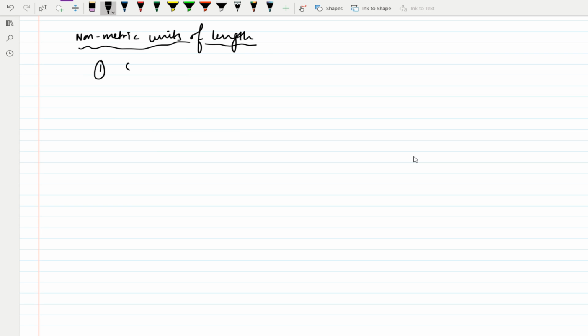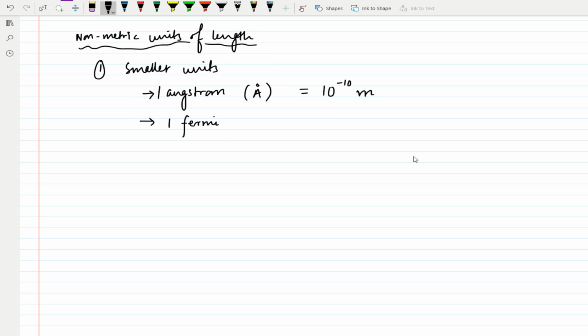From the smaller units, you have angstrom, denoted by this, and 1 angstrom is equal to 10 to the power minus 10 meters. Similarly, you have Fermi, denoted by small f, and 1 Fermi is equal to 10 to the power minus 15 meters.